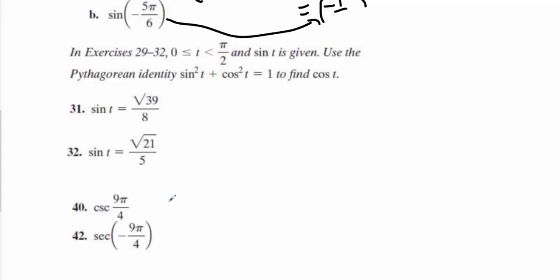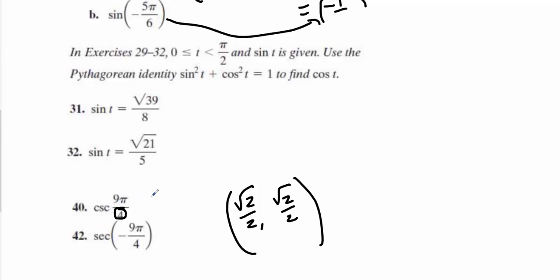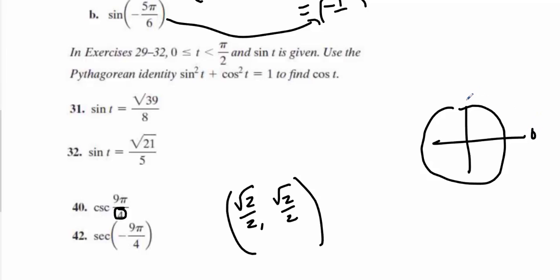On problem 40 and 42, I just want you to find the value of those. So I know if it's over 4, a couple things we can point out real quick. I know it's square root 2 over 2 and square root 2 over 2. So regardless, I just got to think, where is this? 9 over 4 is just a little bit bigger than 2. So if I thought about the circle, we know there's 0, 0.5, 1, 1.5, and going all the way back around would be 2.